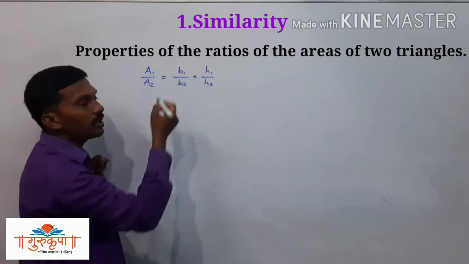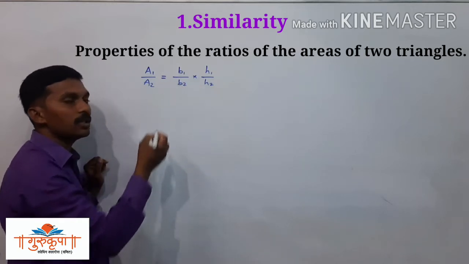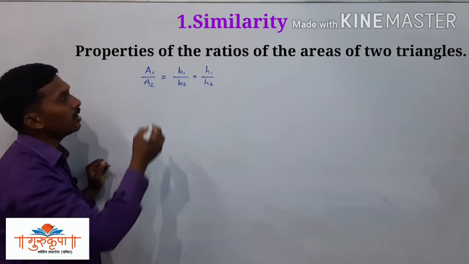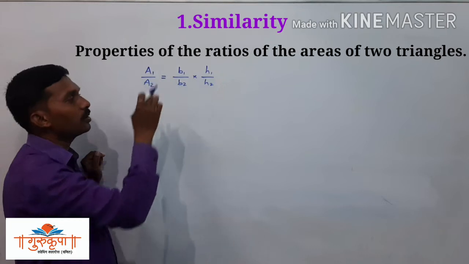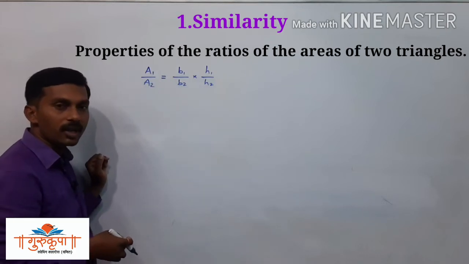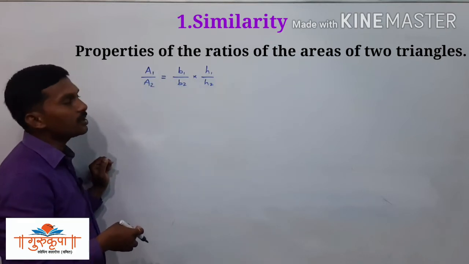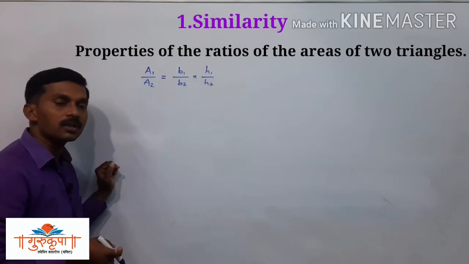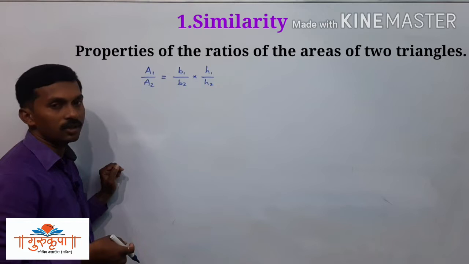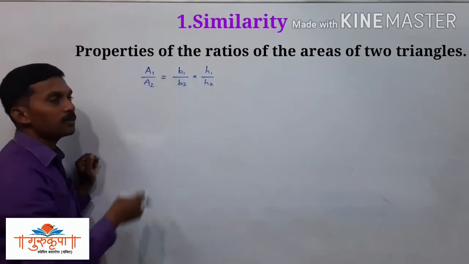Here B1 is the base of the first triangle and B2 is the base of the second triangle, and in short we can write that property as A1 upon A2 is equal to B1 upon B2, that is the ratio of the bases, into H1 upon H2, the ratio of the corresponding heights of both the triangles. So this is the first property.